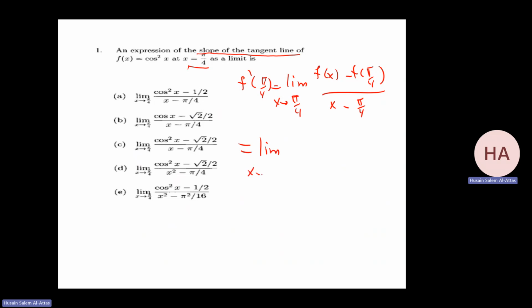F of x is cosine squared x. If we substitute pi over 4, f of pi over 4 is cosine squared pi over 4, square root 2 over 2 squared, which is 1 over 2. Minus half over x minus pi over 4, which is this.